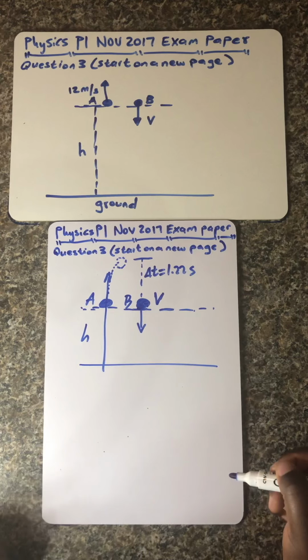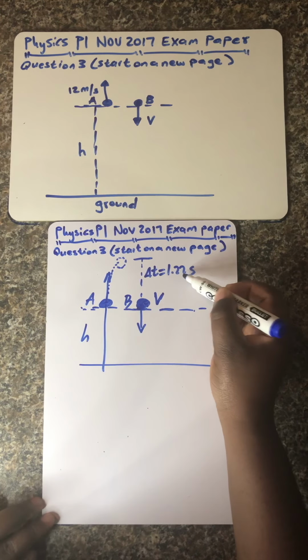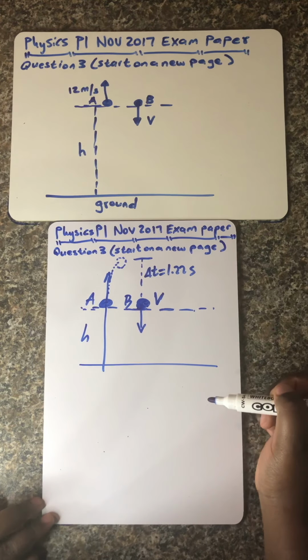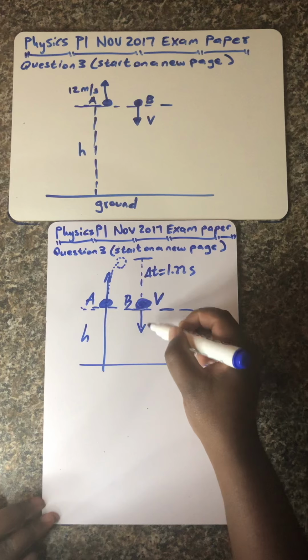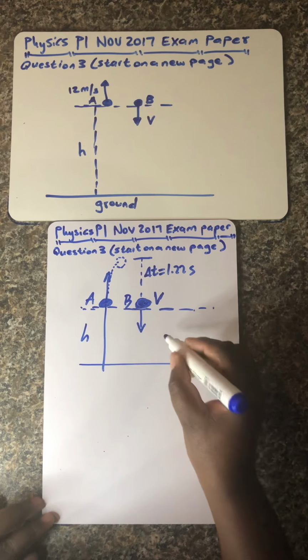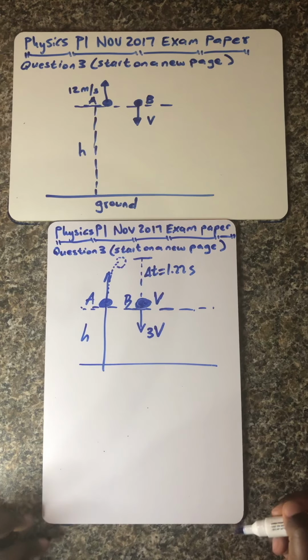So that means after 1.22 seconds, the speed of this object B, which is thrown vertically downwards, will be 3v.